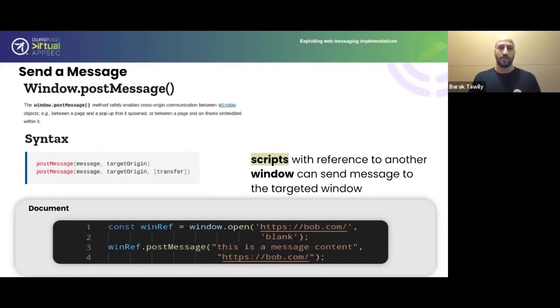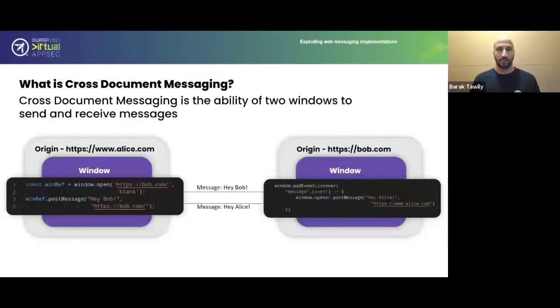So if we're trying to simplify, cross-document messaging is the ability of two windows to communicate. So let's see the most simple example of two windows communicating with each other.